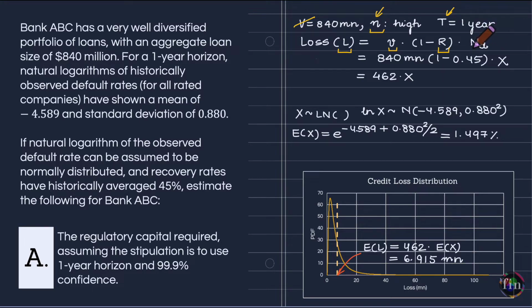In practice, please note that there are 3 terms which I have written here to calculate my loss, and in practice all these 3 terms have some amount of variability attached to them. These 3 terms respectively, which are known as exposure, loss given default, and default, can be thought of to be 3 different sources of risk: exposure risk, recovery risk, or let's say loss given default risk, and default risk.